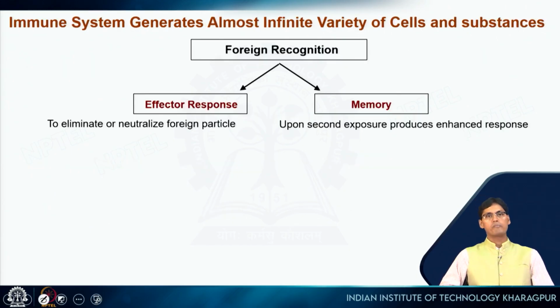Now, I will go into a little bit complex thing: the immune system generates an almost infinite variety of cells and substances. See, for example, in the case of humans, we have a very long lifespan, say 80 years, 90 years.